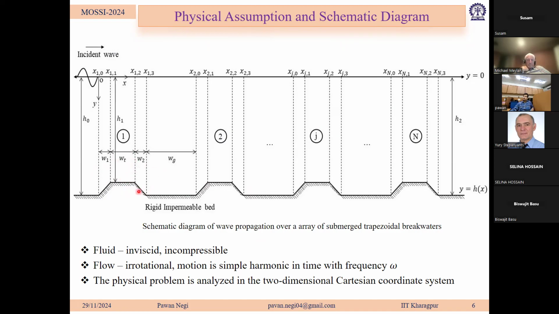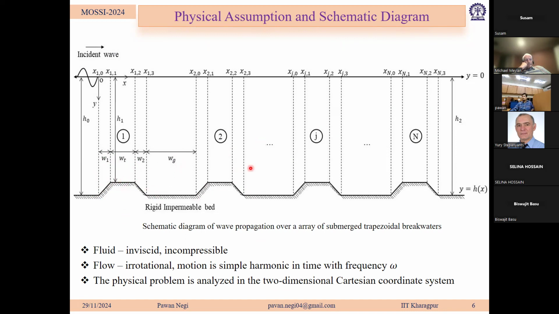However, the gap between the two trapezoids is denoted by WG. So we have separate regions: the front slope, back slope, this gap region, and this flat portion over the trench.